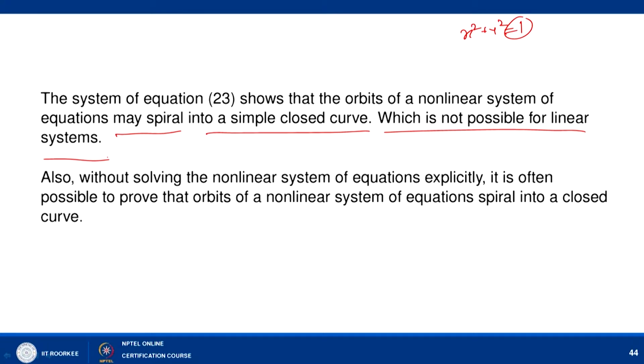In a linear system, this kind of thing will never happen. There we have already seen that none of the orbits intersect each other, and hence in a linear system one orbit is not spiraling into the other orbit. So, this is a unique feature in nonlinear systems.